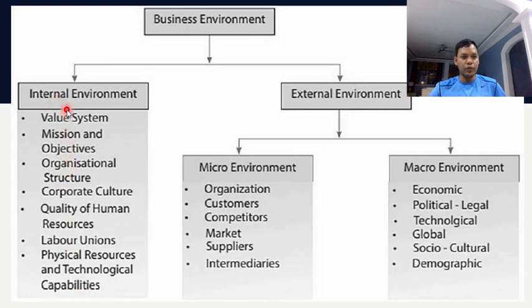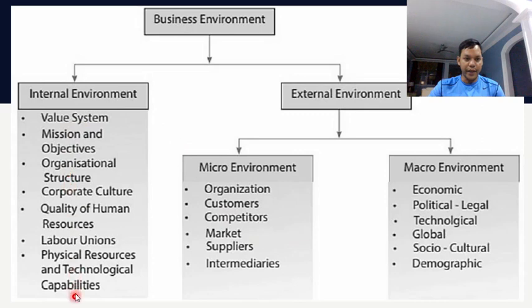We are able to control this one. We can easily change the missions and objectives and the organizational structure, because we have this authority and power. It is controllable. As this figure shows, the internal environment of an organization consists of various elements.